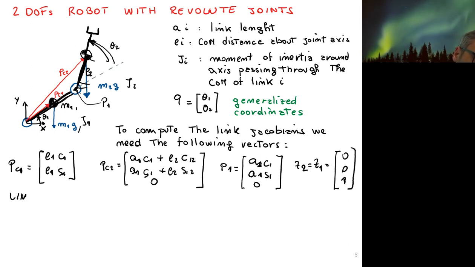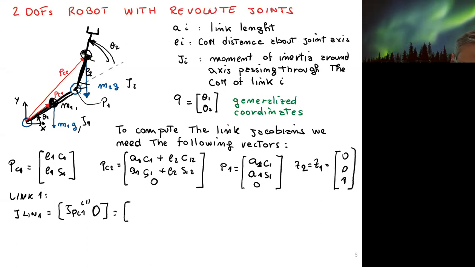Then for link 1, we have J linear 1. We have rotational joints. You remember we consider only the joints before the link you are considering, and 0 for the others.